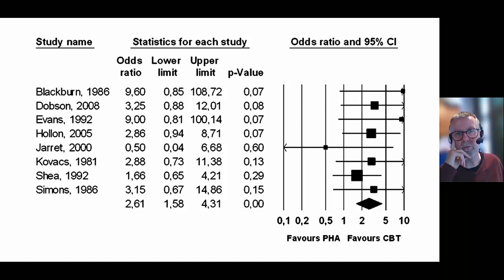As these are measuring odds ratio, the line of the null hypothesis on the horizontal axis at the bottom is 1. Therefore, you can see that only one primary study, that from Jarrett 2000, favours PHA, i.e. is to the left of 1, and all the others favour CBT to the right of 1.